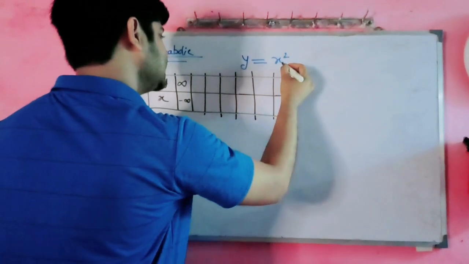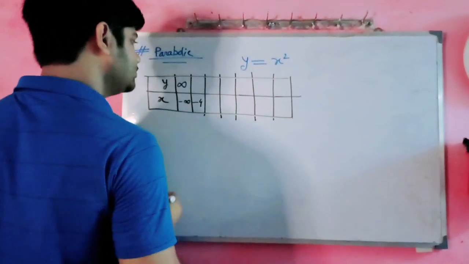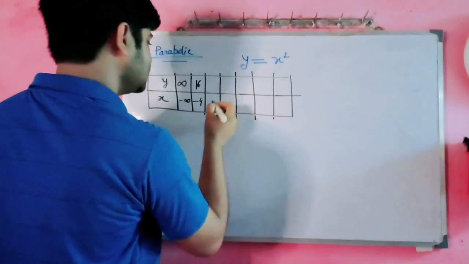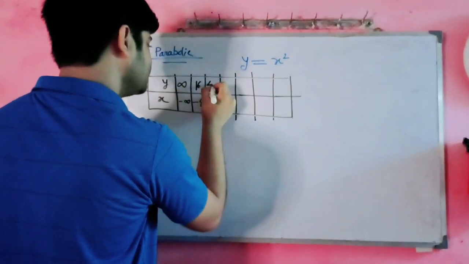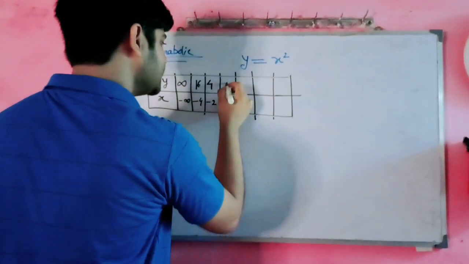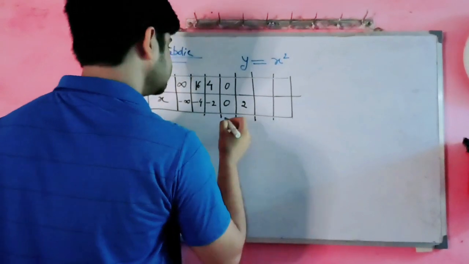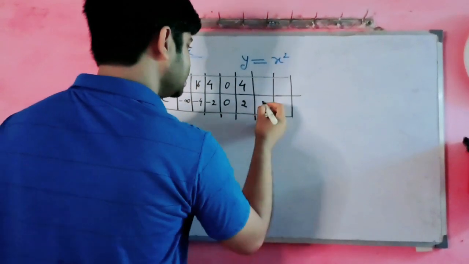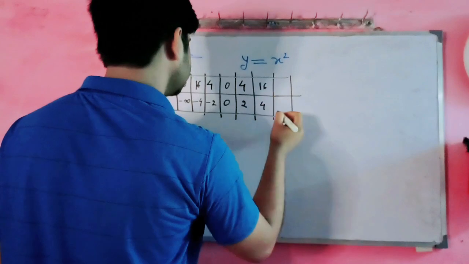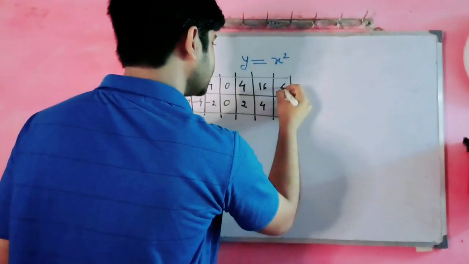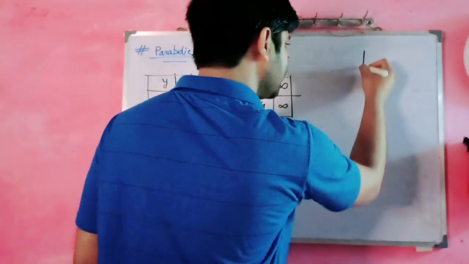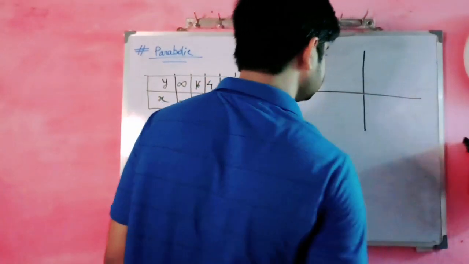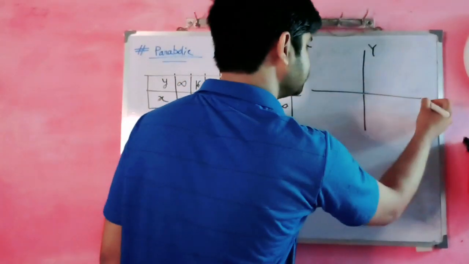Now suppose x is minus 4, y will be 16; x is minus 2, y will be 4; x is 0, y equals 0; x is 2, y equals 4; x is 4, y equals 16; x equals infinity, y also equals infinity. If I plot this here, how will it look?